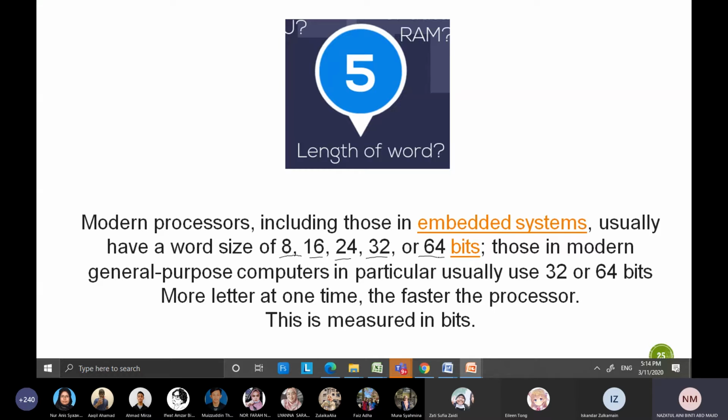Now we can find that most modern computers use 32-bit, but more and more computers are now going to 64 bits. But you can still find 32 bits in old computers. So it means that if you have 64 bits, of course, it will handle more at one time, so the processor is faster. And the length of word is measured in bits.